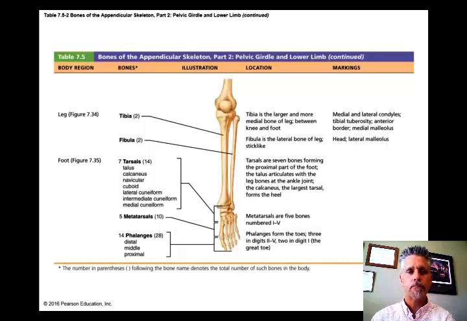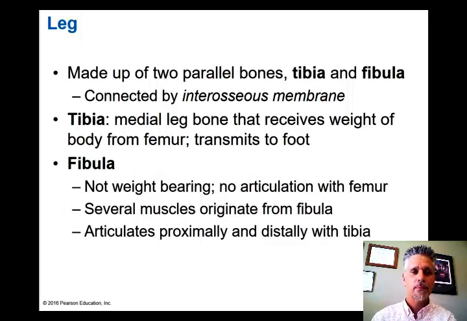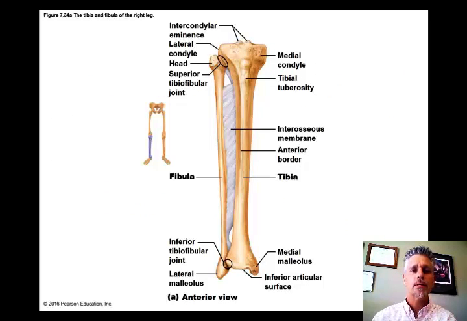Okay, when we get down to the bones of the leg, we have two bones, fibula and tibia. Remember, one letter difference. We can't tell the difference between these two bones, right? Tibia, fibula. So the tibia is the smaller term, but it's the biggest bone, like we see right here.